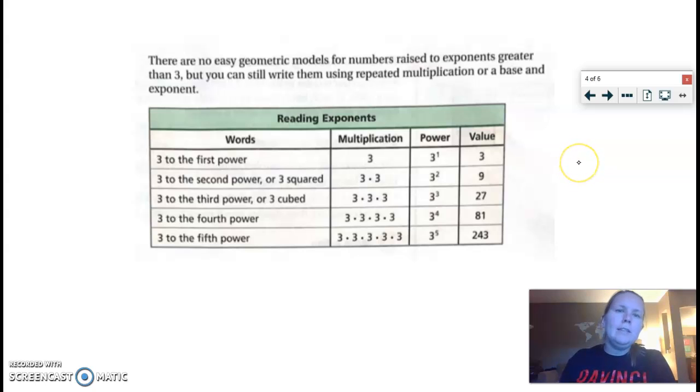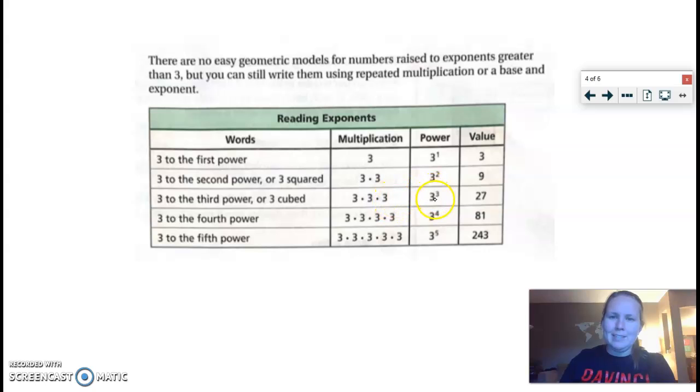All right, there's no easy geometric model for numbers raised to exponents greater than 3. So we don't have cool words for anything. There are no words or geometric models or pictures that go above 3. So you can write them out using repeated multiplication. If I just had 3, it's 3 to the 1. 3 times 3, there are 2 3s, so it's 3 to the second.